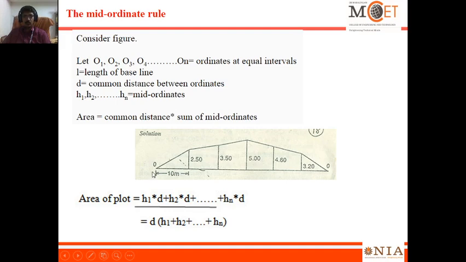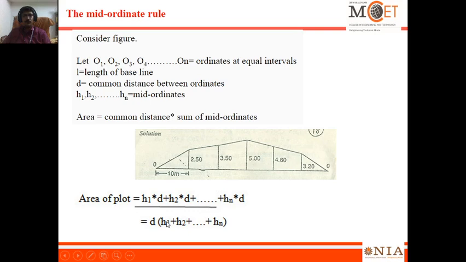And L is the total baseline length, right? So the area of the plot will be D, the common interval distance, into the summation of all the mid ordinates. That is, H1 is O1 plus O2 by 2, plus, like that it keeps on going.